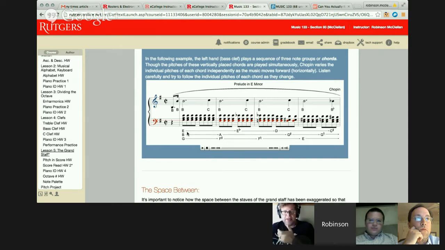Okay, so I believe the compound interval assignment does go across staffs like that. Yes, compound intervals are again just one more layer of meaning that you have to remember. Compound just means add an octave to the interval.